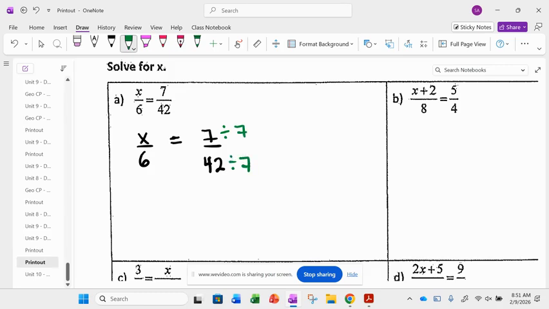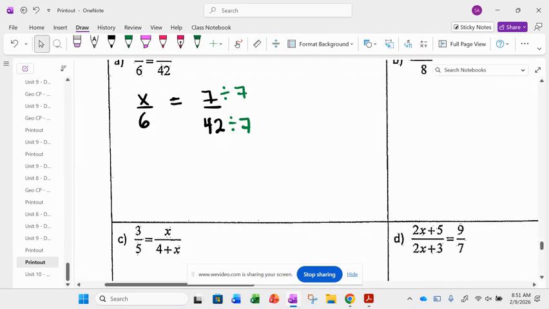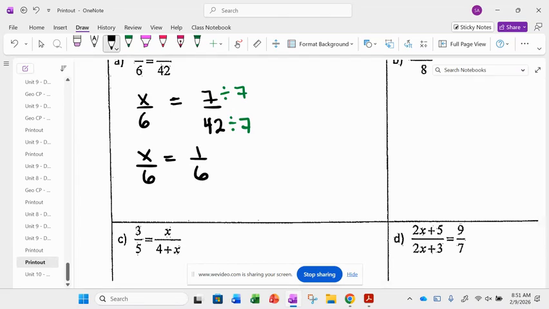So I always reduce or simplify my fractions before cross multiplying. So we have x over 6 is equal to 1 over 6. At this point, I can figure it out in my head. What number over 6 equals 1 over 6? Wouldn't that number have to be 1? 1 over 6 has to equal 1 over 6.